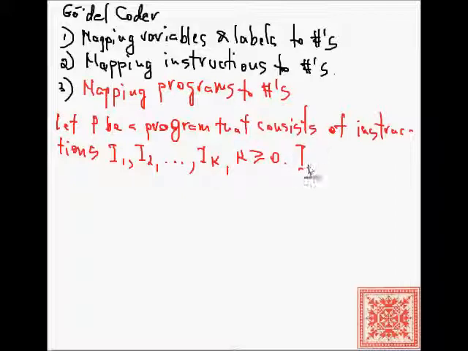When k is 0, we have the empty program. Each Ij, for j greater than or equal to 1 and less than or equal to k, is a primitive instruction.